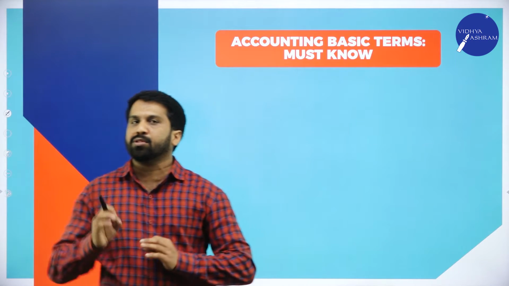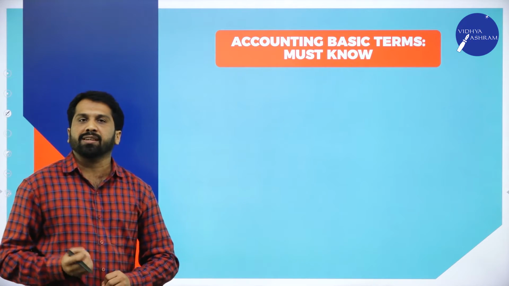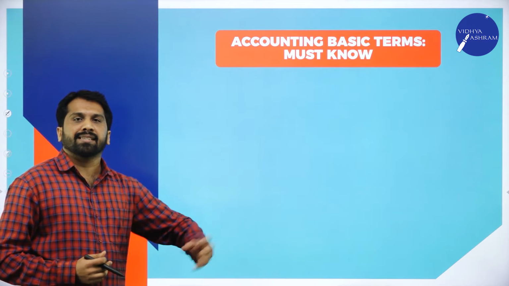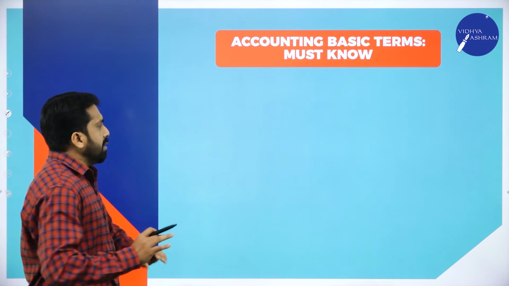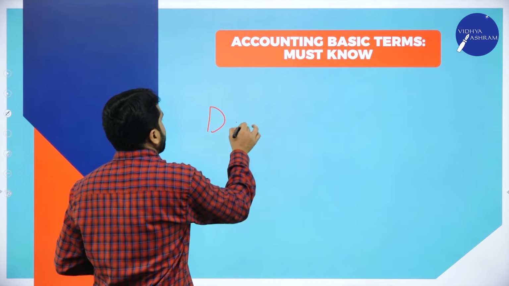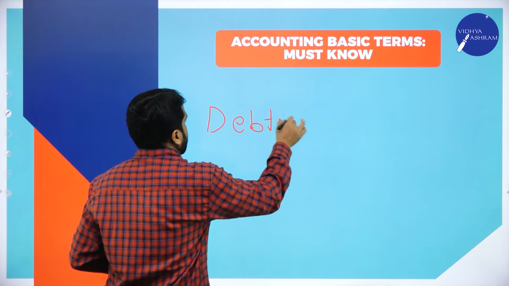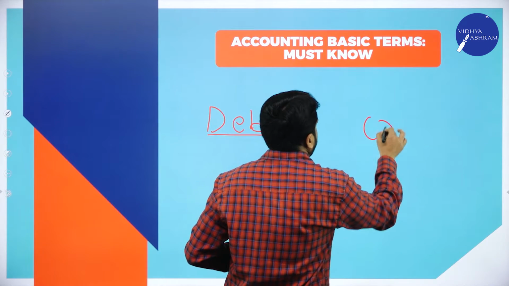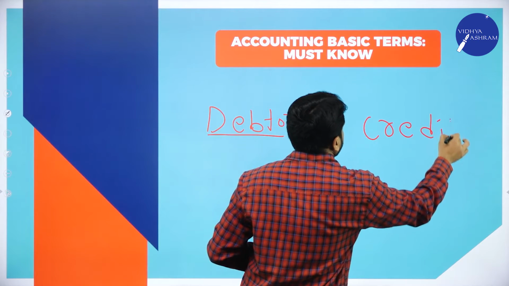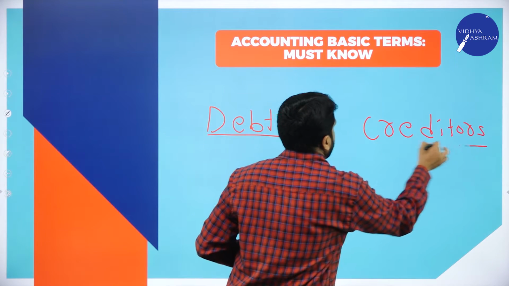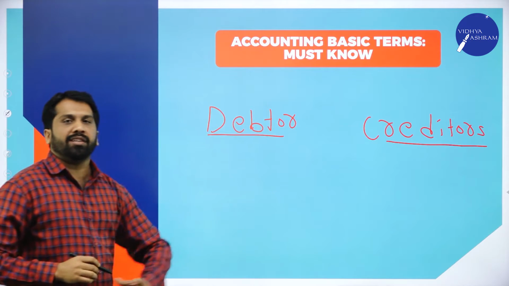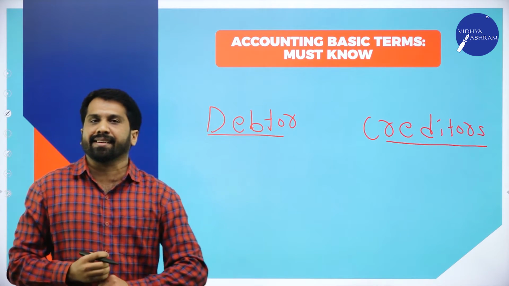So we learned two concepts or two basic terms. One is transaction and the other is called discount. Now the major thing is debtors and creditors. These are the major things, debtors and creditors.